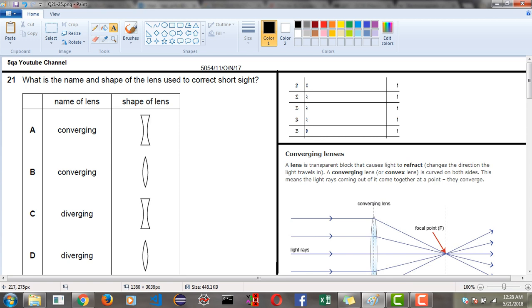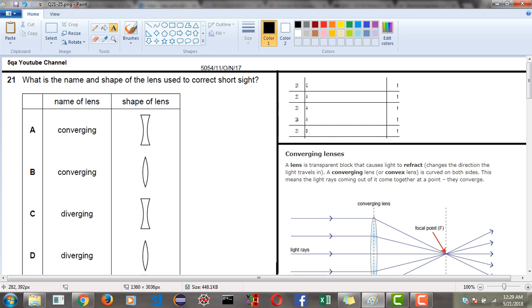Now a converging lens is like this. Actually there's a concave shape. On the other hand, a diverging lens is like this. From these options we can already omit option A, that does not align. Converging is not like this, and also D. So we have now B and C. For solving this question it is kind of a straightforward answer.